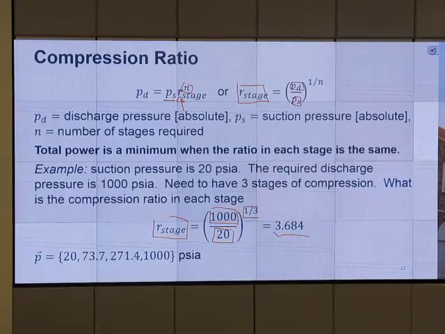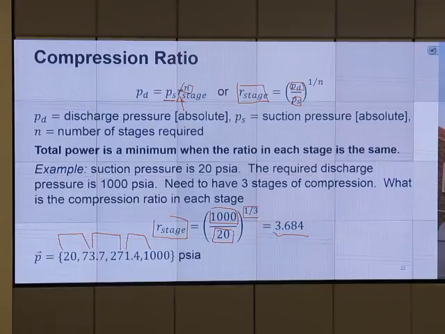What happened is this. We start at 20 psi. Then it goes to the first stage of compression. Then the pressure goes up to 73.7. The second time, it goes from 73.7 to 271. And then we compress again to 1,000.